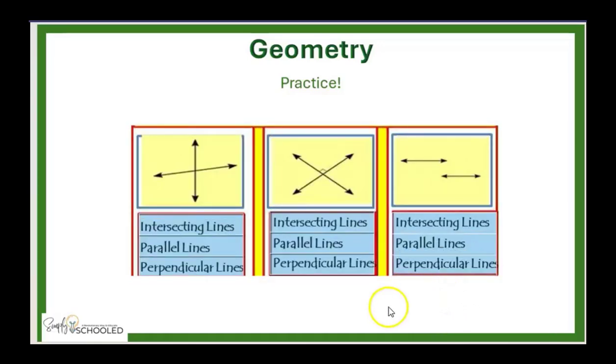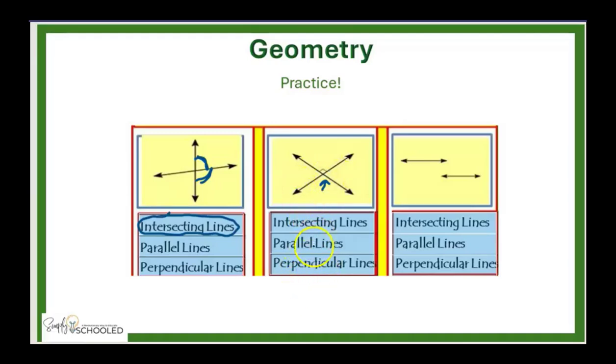Let's try it one more time. If we look at this first one, these two lines almost look like a T, but they're just a little bit slanted. If you look closely, it looks like this is larger than this, so these are just intersecting lines. The next one, notice this little square that is drawn right here in the middle, showing that it forms a perfect square.